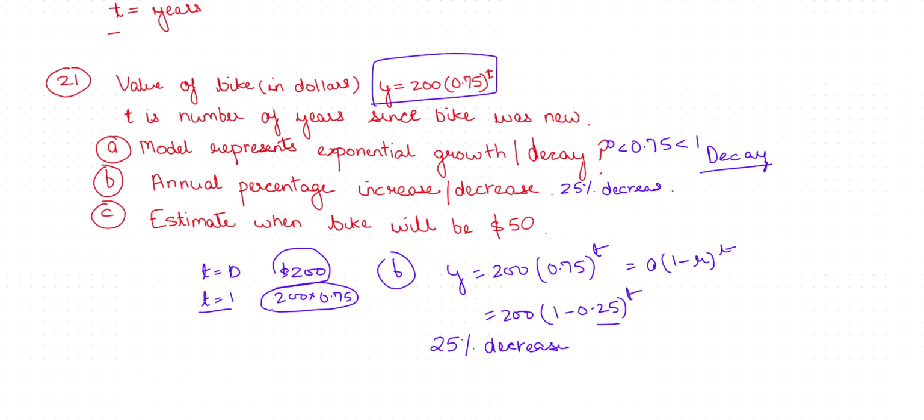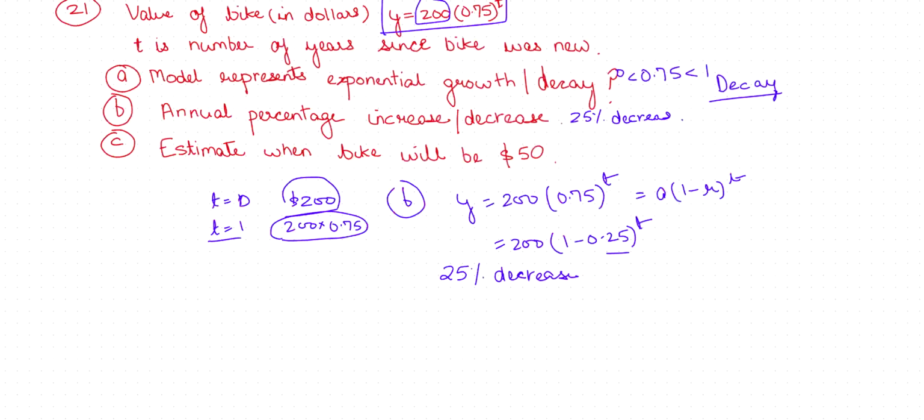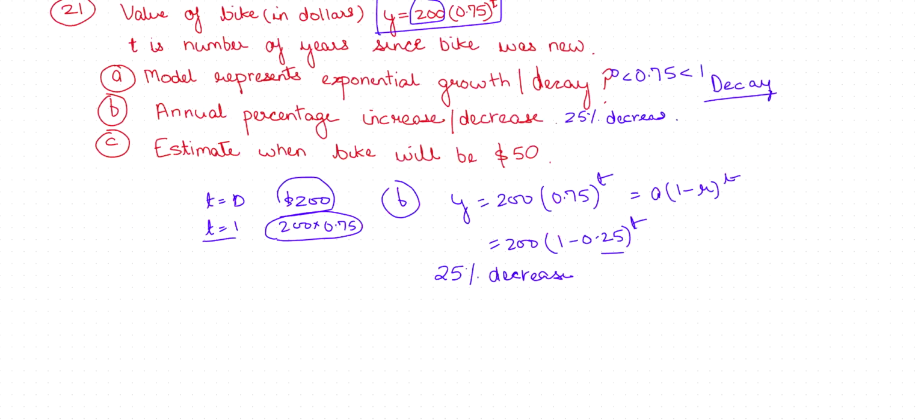Now in the C portion, they are asking us when it will be $50, because it was $200 in the beginning and it keeps on decreasing. So when will it be $50? We'll again use this equation, as it was given: y is equal to 200 times 0.75^t.